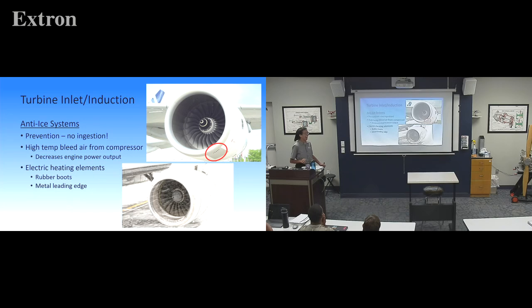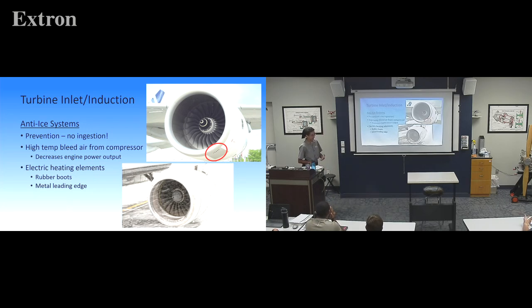Now, anti-ice systems. So with turbines, we want prevention. We don't want ice to build up and then break it off, because where is it going to go? So prevent it, keep it heated.